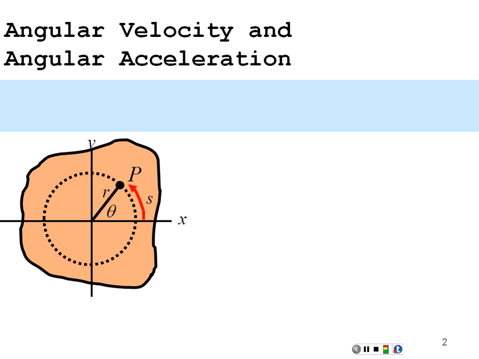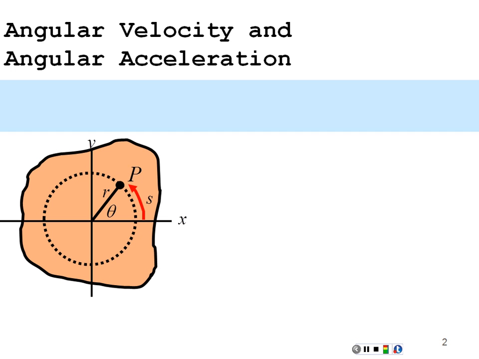But then if I have a point to the interior, it's going around a smaller circle in the same amount of time. So these 2 points are traveling different displacements in the same amount of time. So how can I possibly describe the motion of this full wheel when different parts of it are moving at different linear speeds? That's a great question.